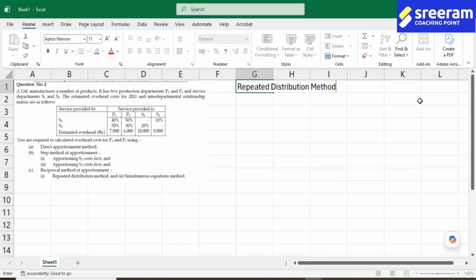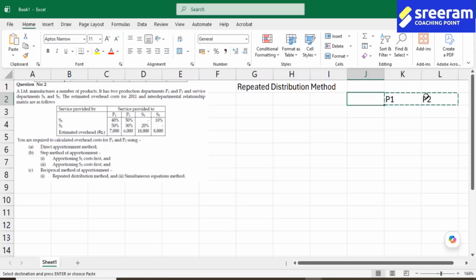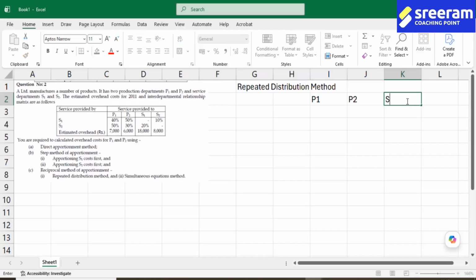So what are the columns that we would like to keep? We would like to keep P1, P2, S1 and S2.